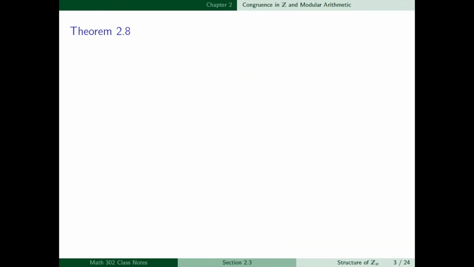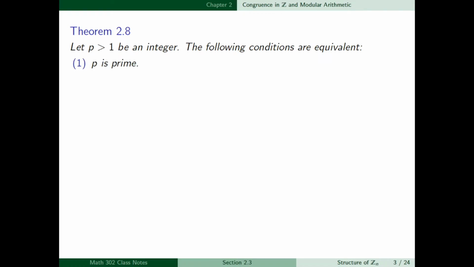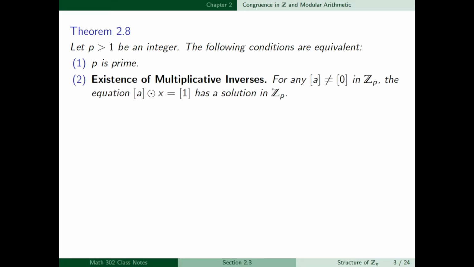So we want to examine theorem 2.8. This says let p greater than 1 be an integer. Then the following conditions are equivalent. The first condition is that p is prime. The second condition is the existence of multiplicative inverses. What this says is for any class of a not equal to the 0 class in Z sub p, the equation a times x = 1 has a solution in Z sub p.